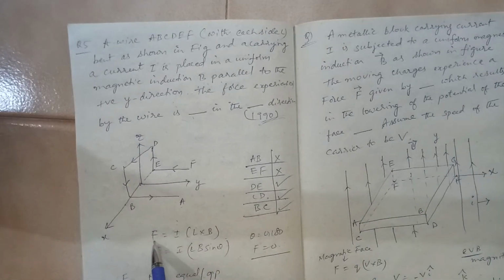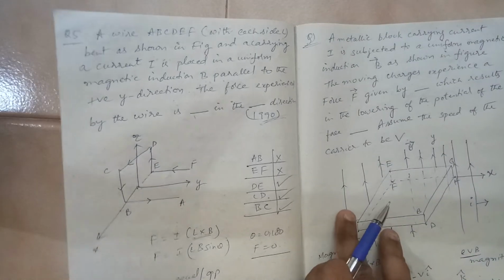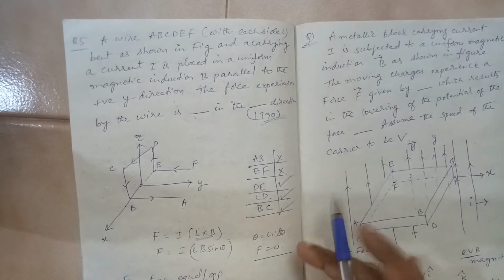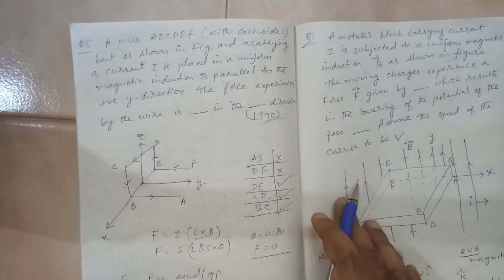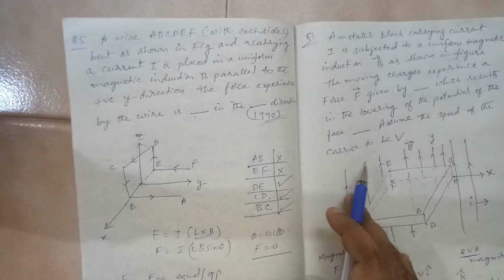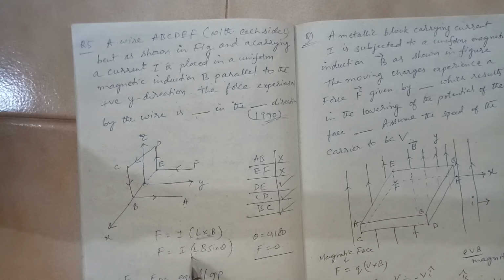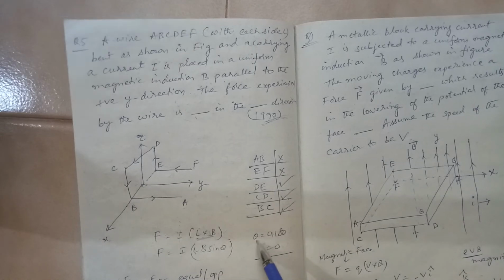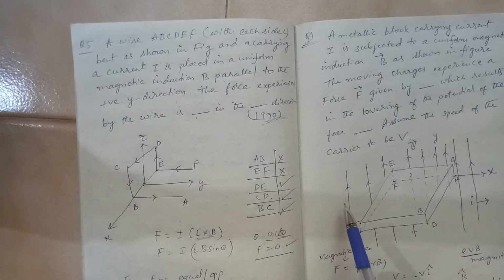This we have seen earlier: F is equal to I into L cross B. Whenever there is a cross product involved, you have to consider the directions of L and B. If L and B are in the same or opposite direction, the contribution of force will be null. There will be no force because it expands to LB sin theta, and for sin theta at 0 and 180, the force is 0.